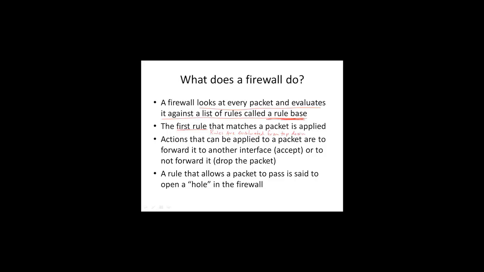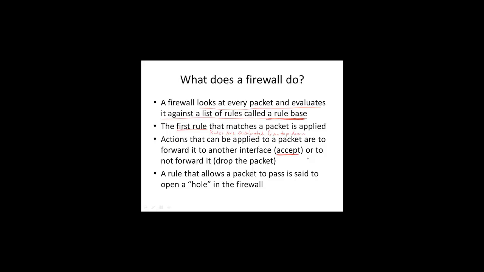We're gonna do some experimentation with this, and there's probably an assignment on this. The actions that can be applied to a packet are to forward it to another interface, and sometimes it's really referred to as forward. Other manufacturers refer to it as accepting the packet. So you run across different terminology. It's usually obvious what the developer of the firewall meant for a particular word that they're using.